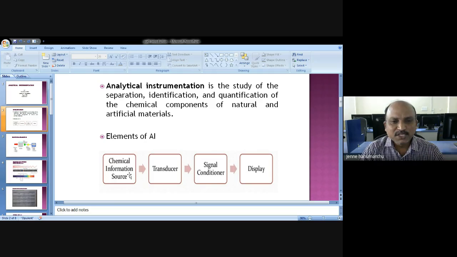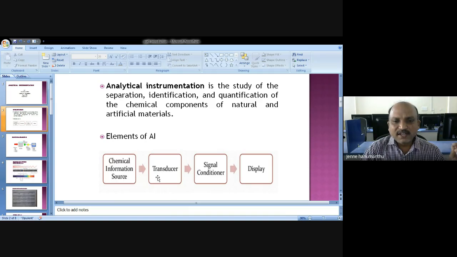What is the input? You can take water, petrol, or oil. That is called a sample, the chemical information source. Or you can take any acidic material. That is the chemical information source acting as input to the transducer.